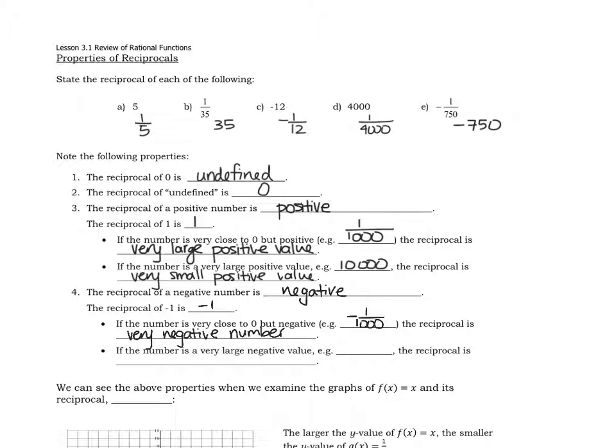And if the number itself is a very large negative, so for example, if we had negative 10,000, then that means that the reciprocal is going to end up being a very small negative number, as in, when I say small negative, I mean it's close to 0. Okay, so actually, instead of writing very small negative, I just write it's a negative number very close to 0.